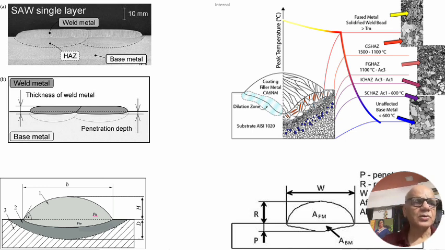So the two important parameters here are the overall thickness of the weld deposited, the one which you see on top of the plate, and there is something which is below the plate, and even beyond that there is a heat affected zone, as we get in any other welding.